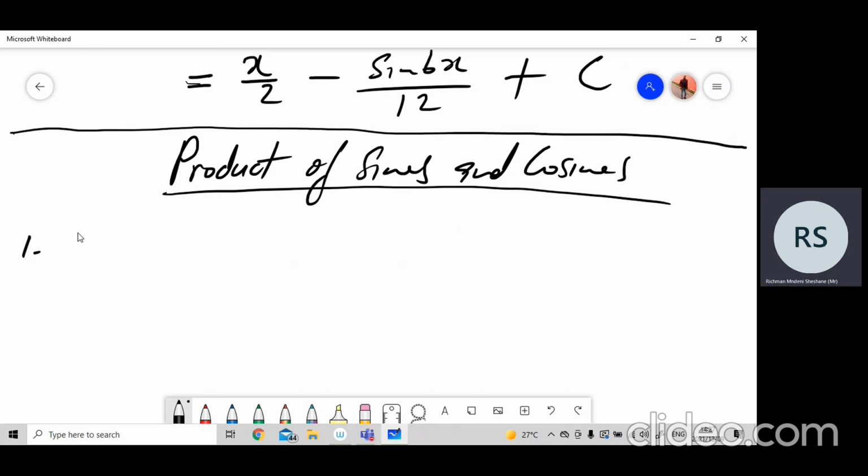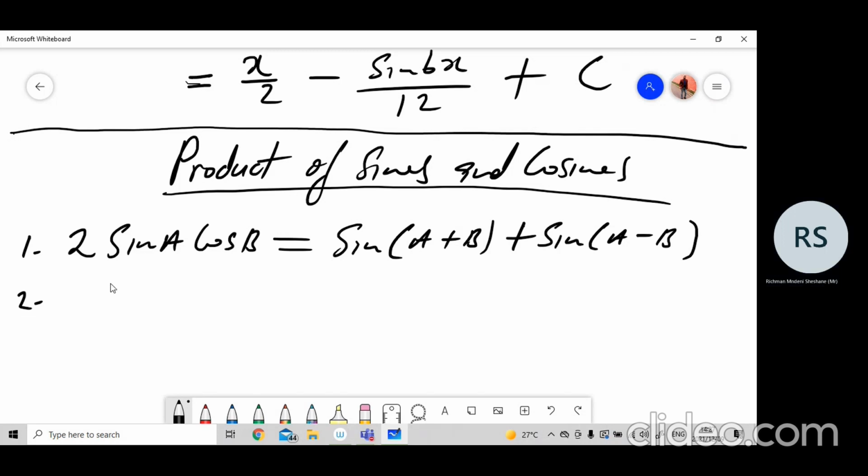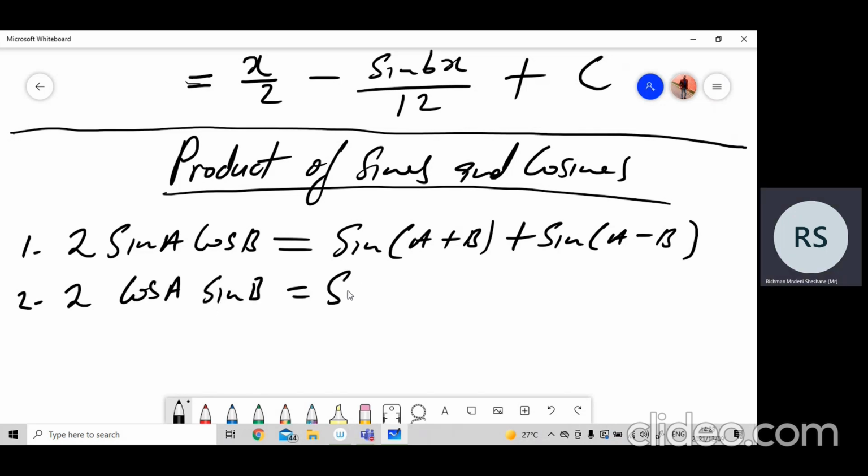These identities will be given to you during the test. 2 sine of A cos of B is equal to sine of A plus B plus sine of A minus B. The second one is 2 cos of A sine of B equal to sine of A plus B minus sine of A minus B.